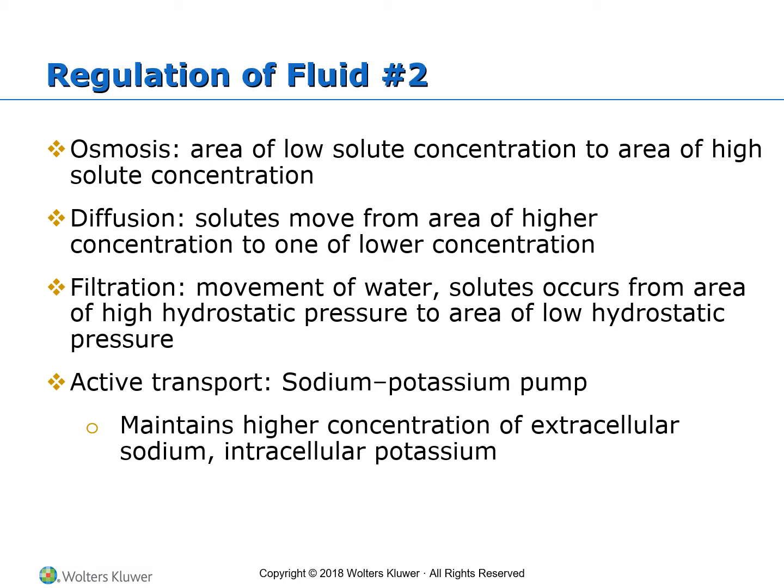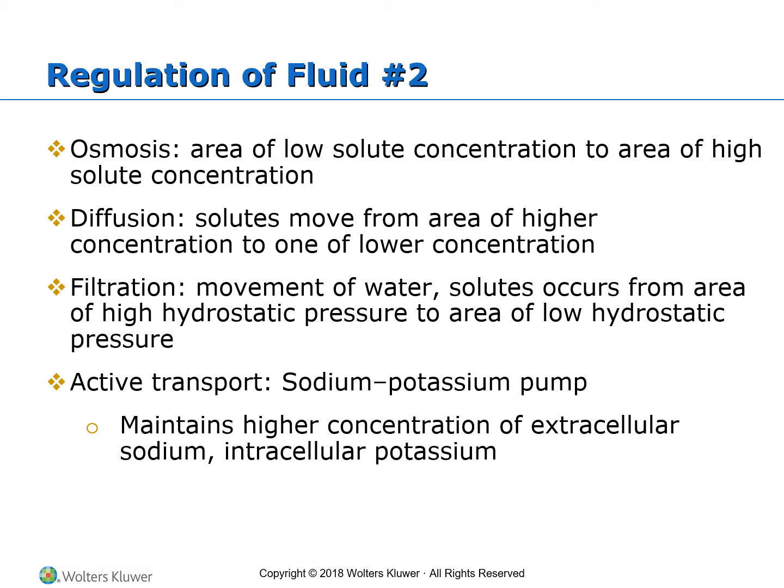And then with active transport, energy is involved. So energy is expended so that you can have movement against a concentration gradient. So you have an area of higher concentration and an area of lower concentration, and you're actually wanting to add to the area of higher concentration. So if you think about potassium inside the cell, when you're trying to pull more potassium from outside the cell into the cell, you need active transport for that because there are more molecules in the intracellular fluid than in the extracellular fluid.